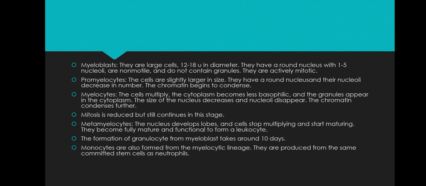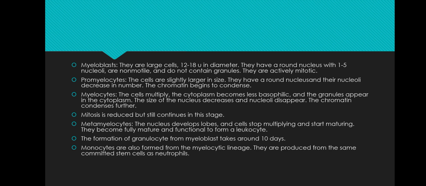Here we can see the full cell of the leukocytes. The formation of granulocytes from the myeloblast takes around 10 days. Monocytes are formed from the myelocytic lineage.